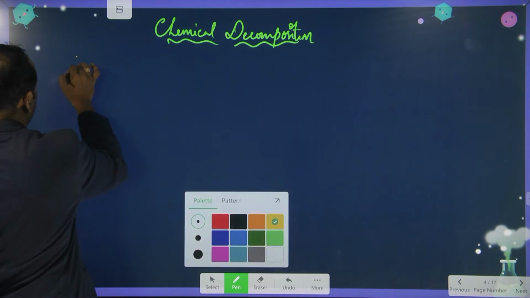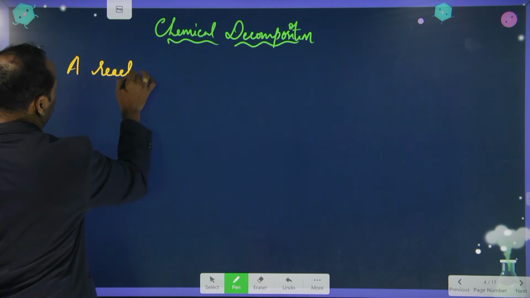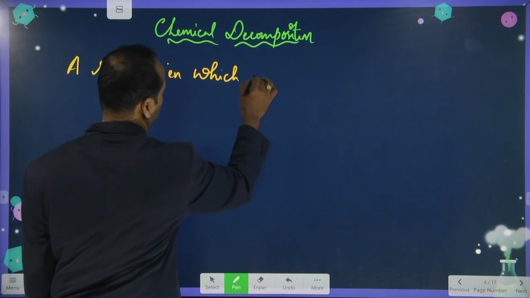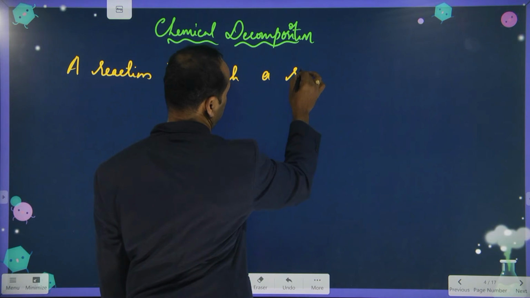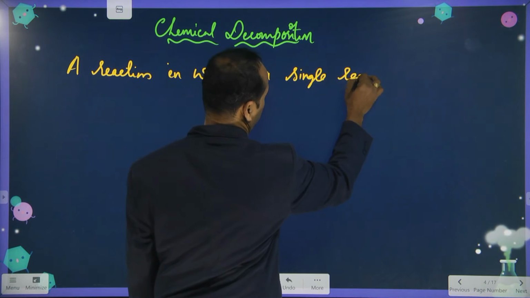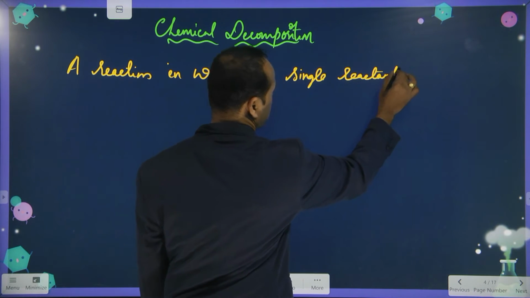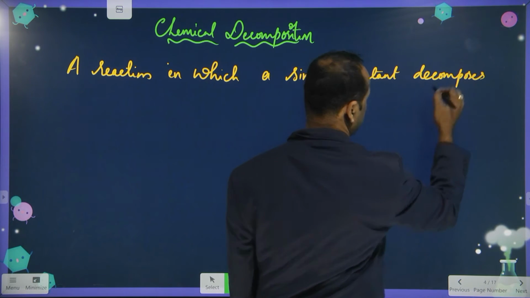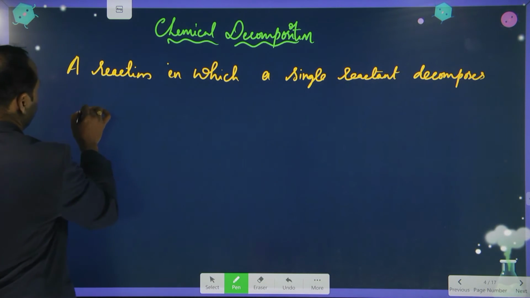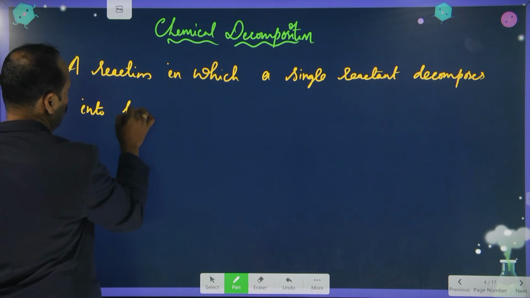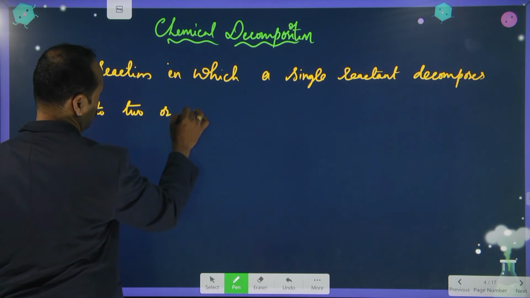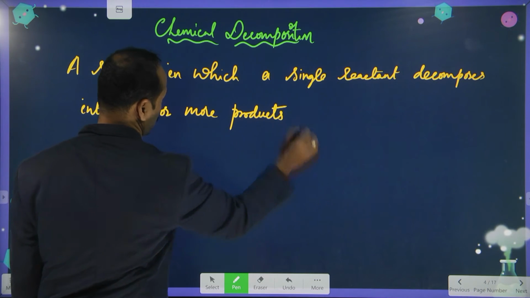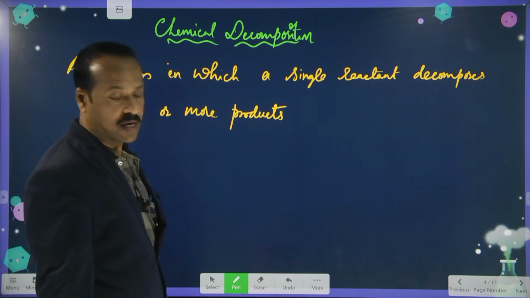So you can write: a reaction in which a single reactant decomposes, which means splits or breaks, into 2 or more products, is called chemical decomposition.